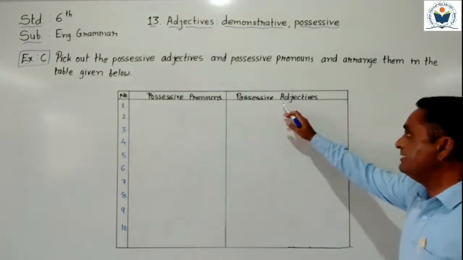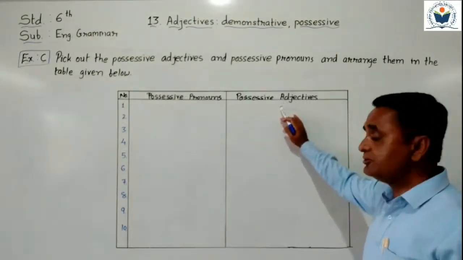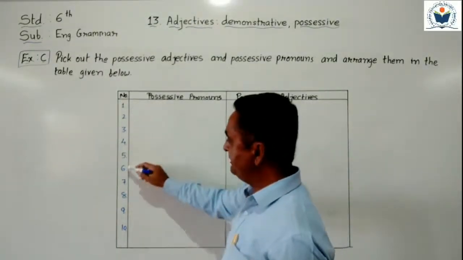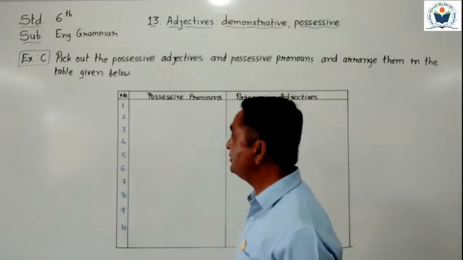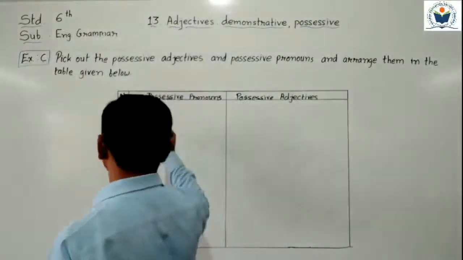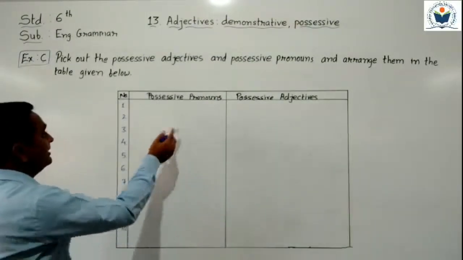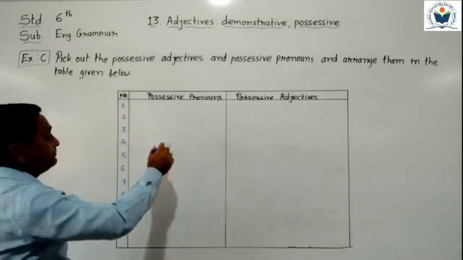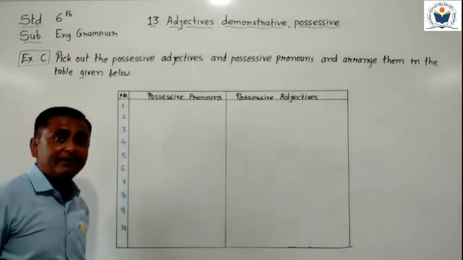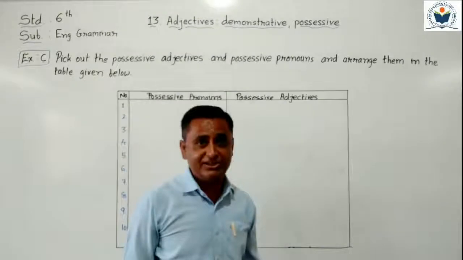Here on the right side we have to make a list of possessive adjectives. Here I write the sentence numbers 1, 2, 3, 4, 5, 6 to 10. If in that sentence a possessive pronoun is there, then we have to write it here. If a possessive adjective is there, we have to write it on that side. That's how we have to complete our exercise C.